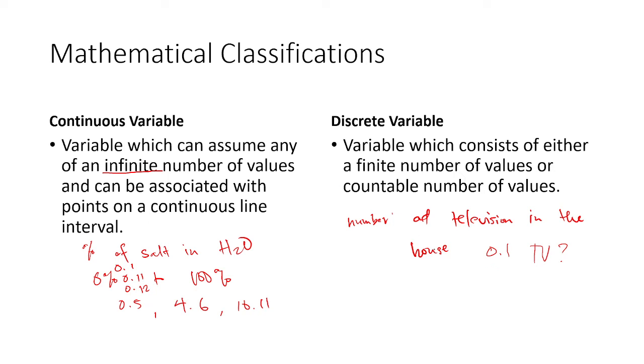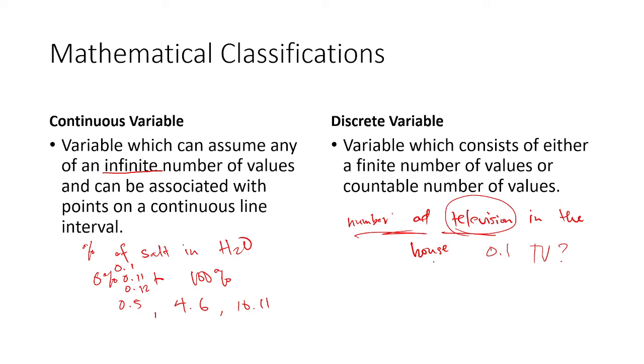So, when we talk about number of television, this television will act as a countable value. It can either be any value from 0 to the positive integers. Wala tayong magiging dyang tawag dito, 0.5. Okay? Kasi that will be countable.